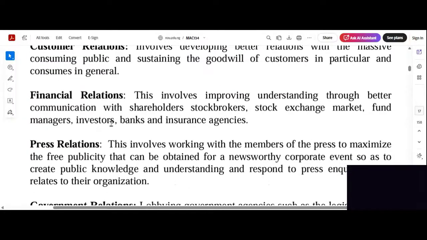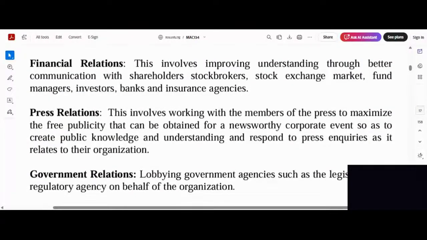Now, press relations. Of course, you know that every company, every organization has a part of them that relates to the press. This is, in fact, one of the major specializations of public relations. It involves working with the members of the press to maximize the free publicity that can be obtained for a newsworthy item, and to respond to press inquiries as it relates.